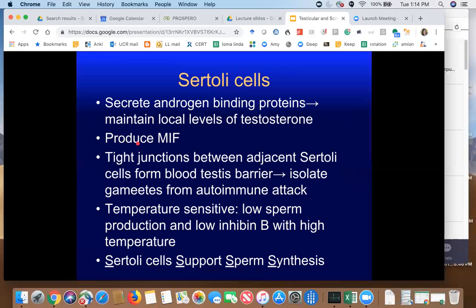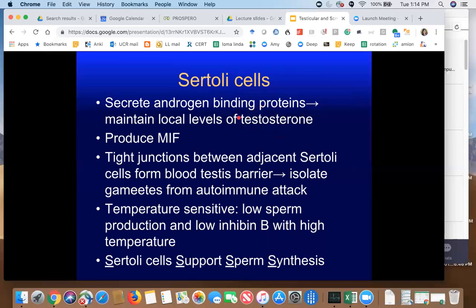answered correctly. Sertoli cells, they secrete the androgen binding protein, ABP, and that protein is what allows for binding of the testosterone, so that there's a high level of testosterone within the region of the spermatogonia, because testosterone is needed.